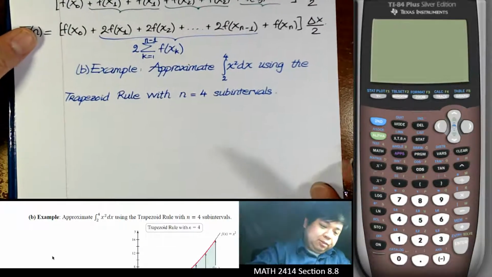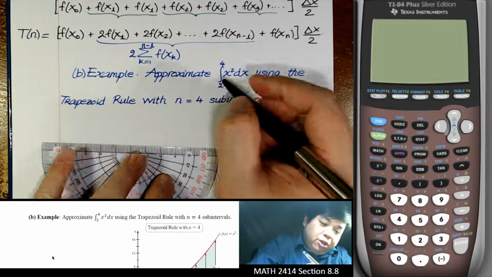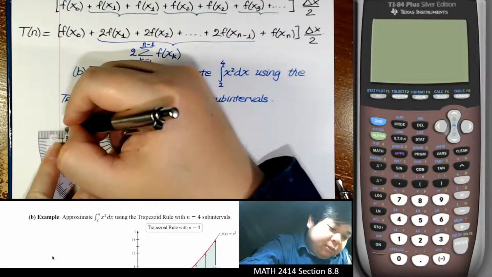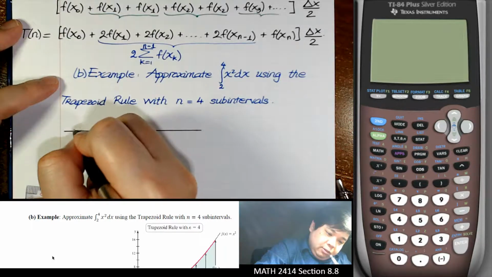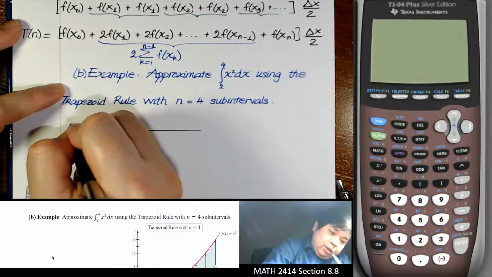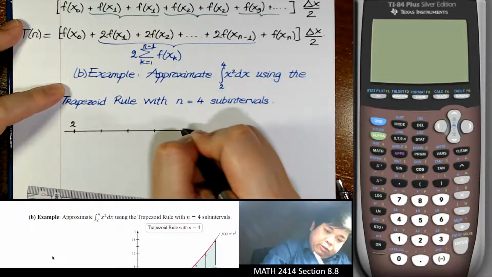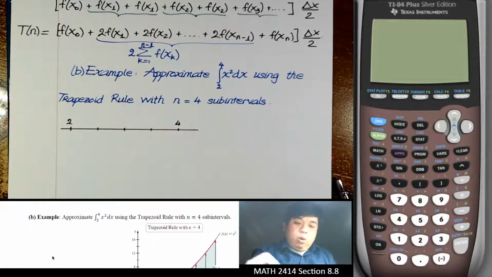Right. So now we just have the idea from 2 to 4. 1, 2, 3, and 4. Right. From 2 to 4.